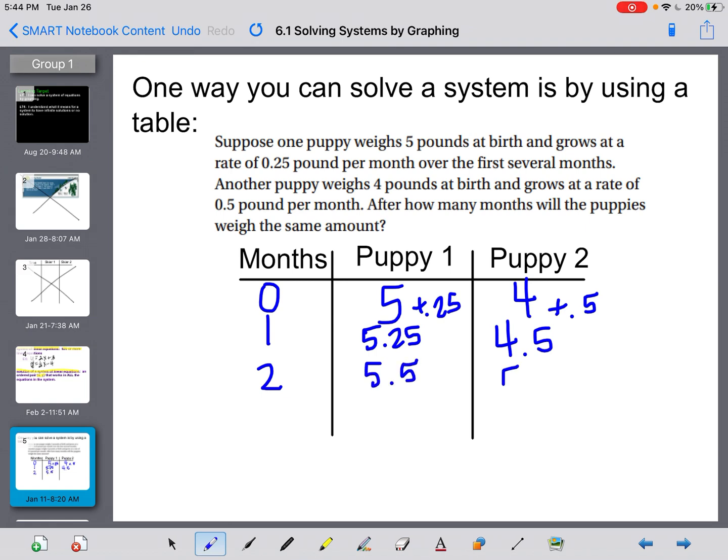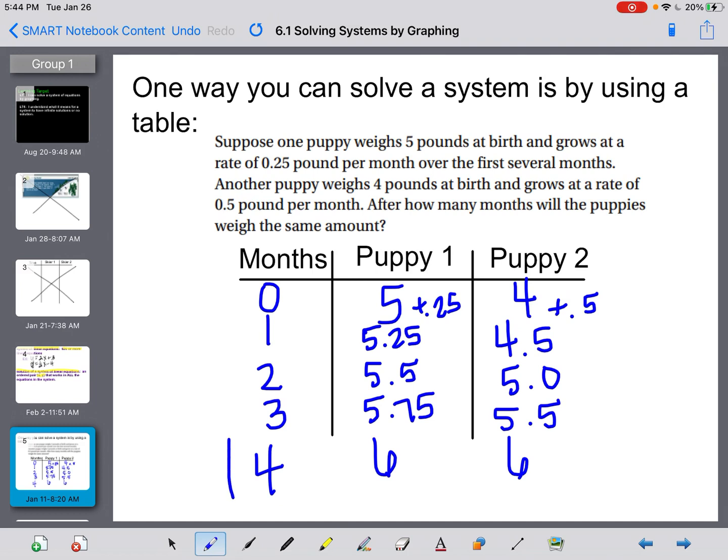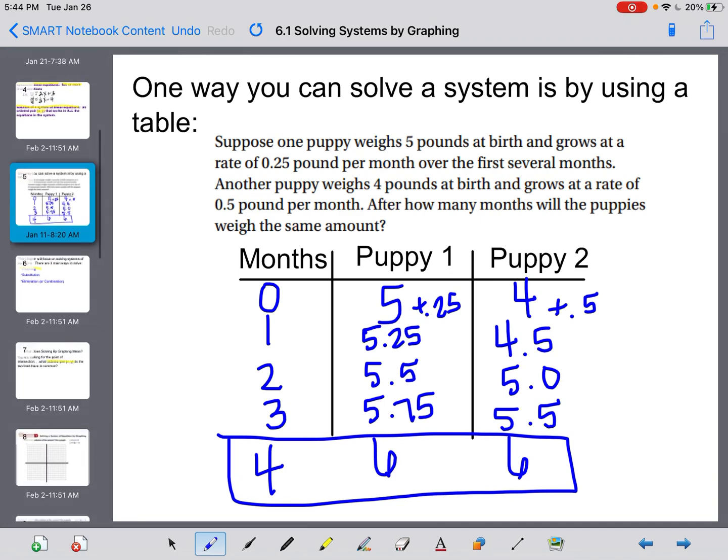Puppy number 2 is up to 5. After 3 months, puppy number 1 is up to 5.75, and puppy number 2 is up to 5.5. After 4 months, puppy number 1 hits 6 pounds, and puppy number 2 also hits 6 pounds. So it's going to take 4 months before these two puppies weigh the same amount. That's how we do it with a table.